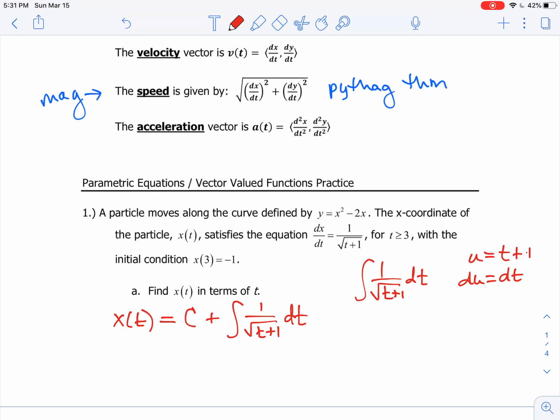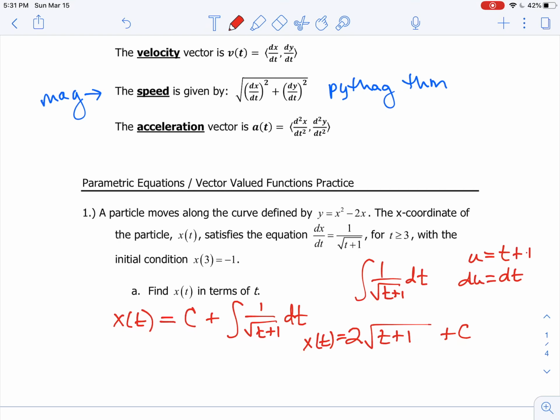So it's a pretty easy u sub. It's just u to the -1/2. So then that's going to be what? u to the +1/2 divided by 1/2 or multiplied by 2 to get my x of t.